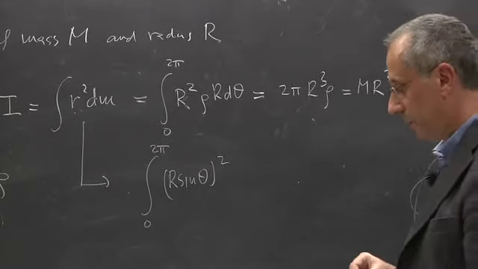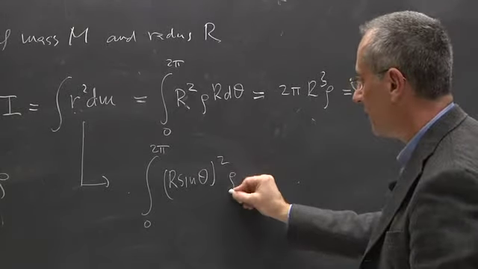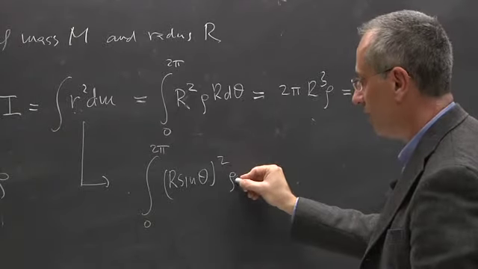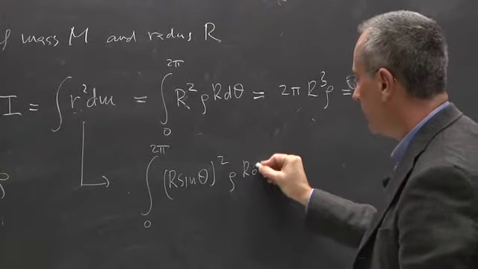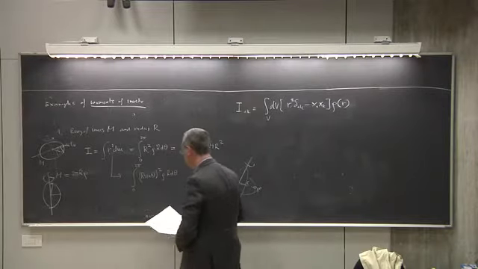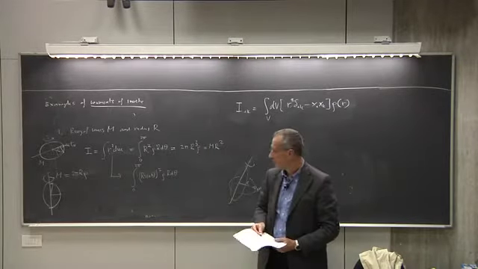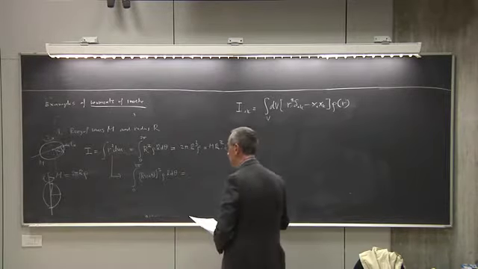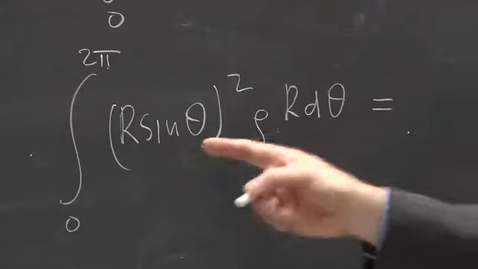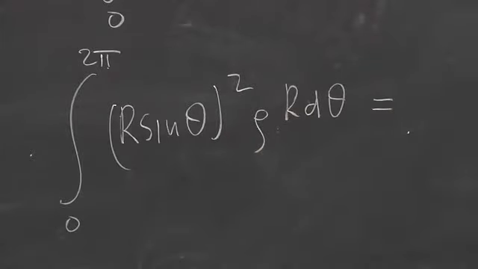All right? And then you have the mass density that is the same, rho r d theta. So now the integral is a little more complicated, okay, because it's not just d theta, it's sine square d theta, and that gives you an extra 1/2.